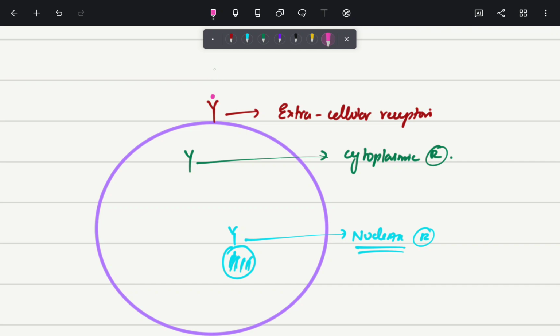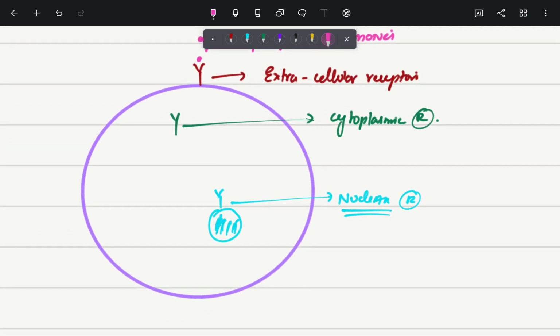Now imagine there is a ligand, and this ligand is going to act on the extracellular receptor. Or imagine there is a hormone. This hormone is going to act on the extracellular receptor. Now those hormones which act on the extracellular receptors are known as your group 2 hormones. So basically group 2 hormones act on your extracellular receptors.